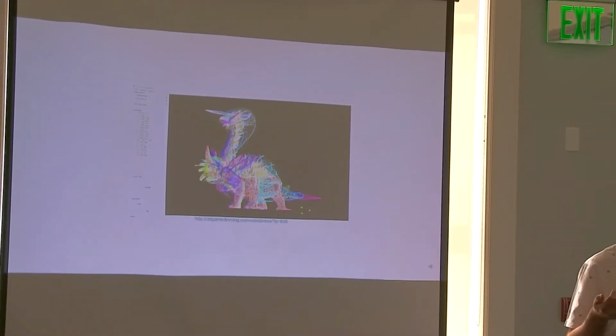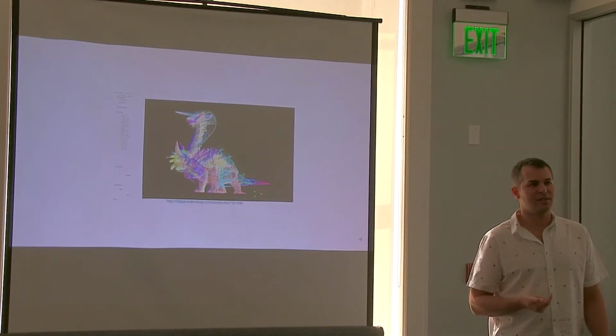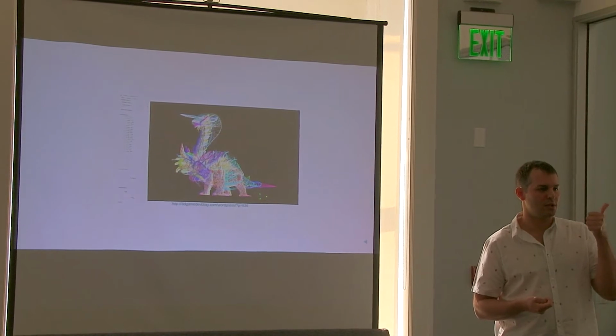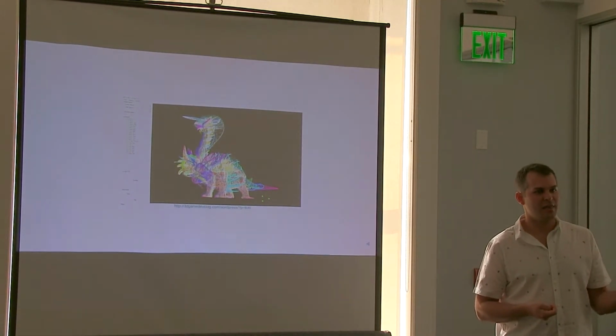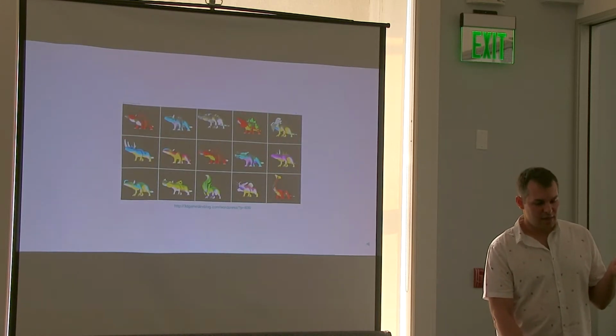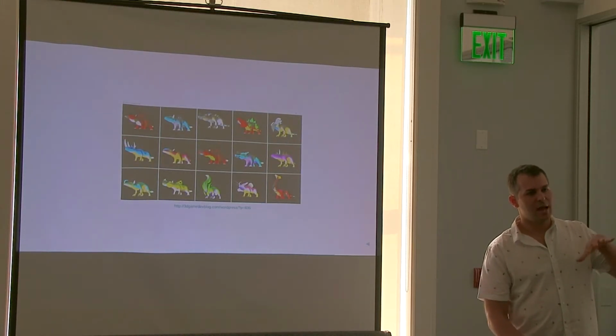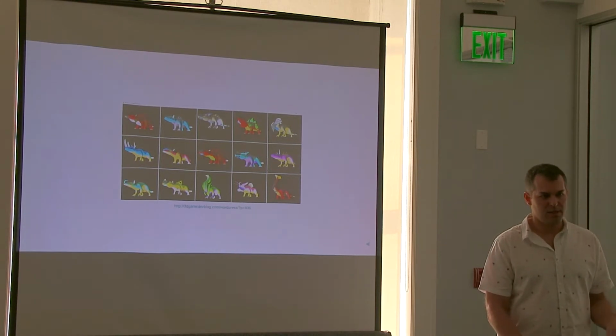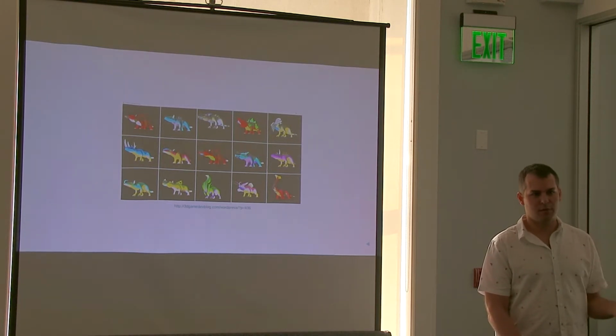The only thing they do to generate different species is first choosing a class of animal, and then inside that class they choose a random number of body parts, like this. And then on top of that they apply texture, which is also generated procedurally.